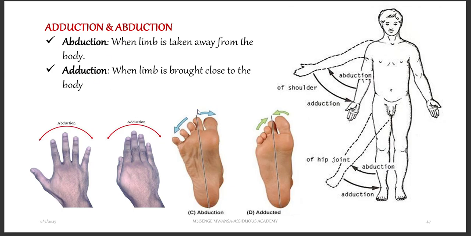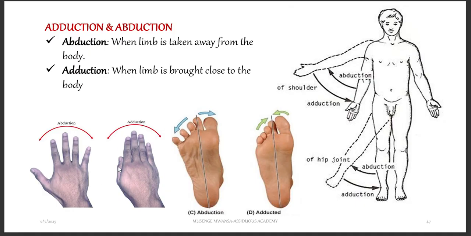So when you're talking about the foot, you have this big toe, we call it the hallux. So when you are moving the big toe towards the second toe, that's known as adduction. If you are moving it away from the second toe, that's known as abduction. Abduct is to go away.